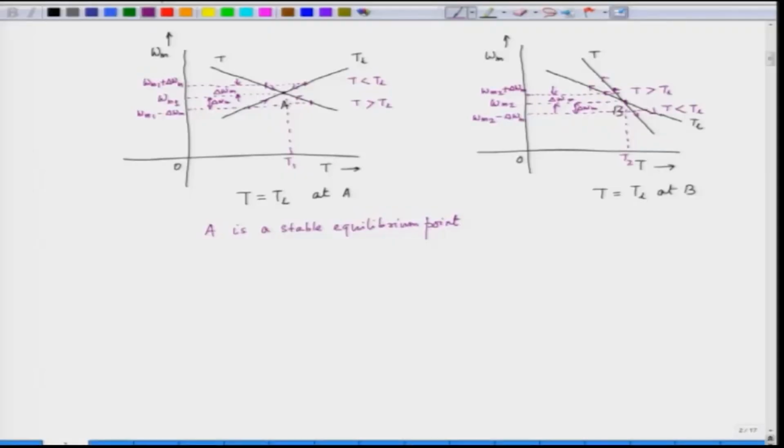Let us try to see that. In general the rule is this: if d T L by d omega m is greater than d T by d omega m at the equilibrium point, then we call it a stable equilibrium point. This is basically the condition for stability.